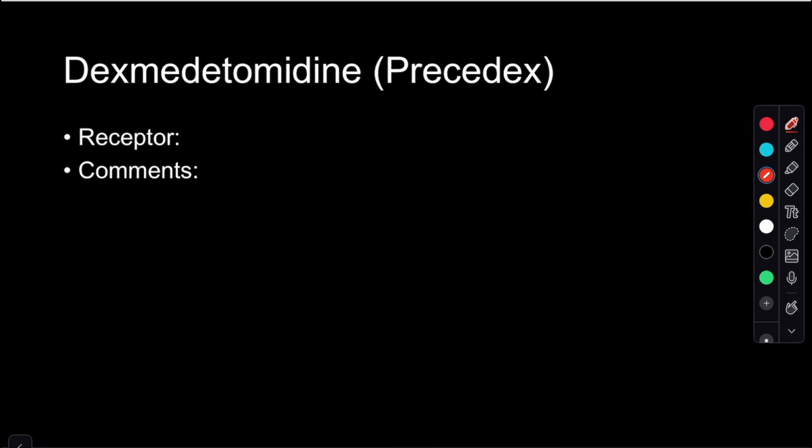Dexmedetomidine, otherwise known as Precedex, because this can be super tricky to say, is an alpha 2 agonist. Also like clonidine. Clonidine is a blood pressure medication. So I was curious why dexmedetomidine is used as an analgesia agent or sedative, while clonidine is used for blood pressure.